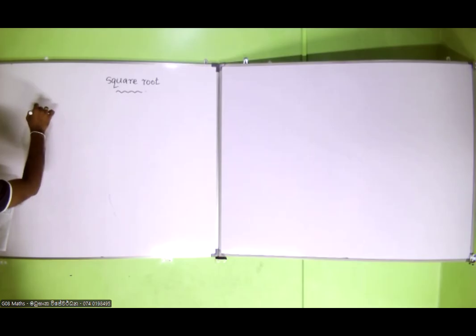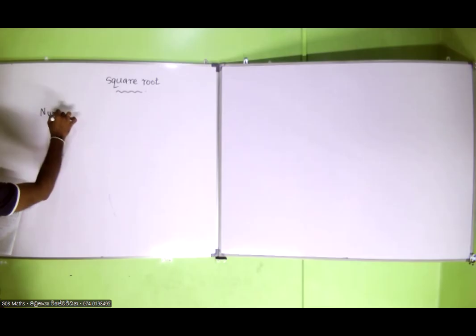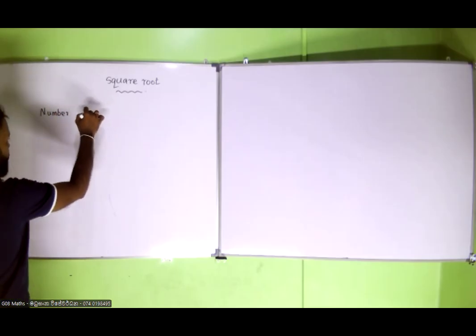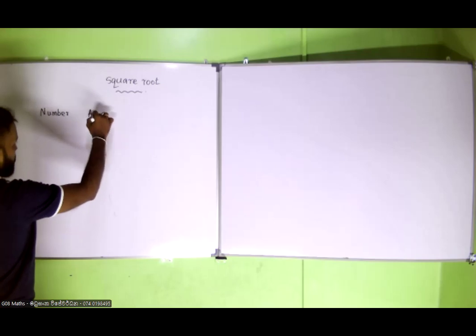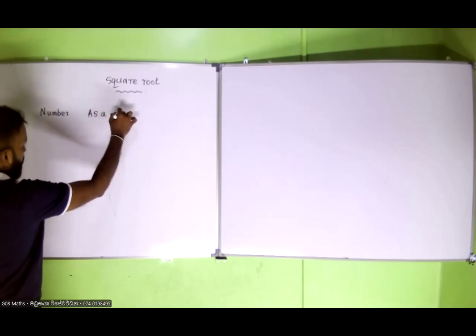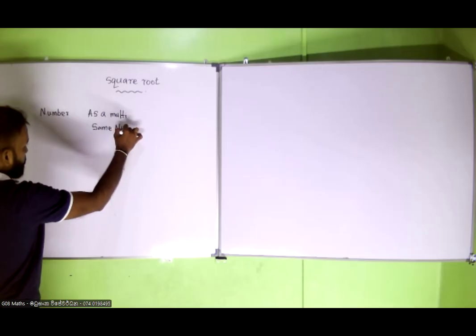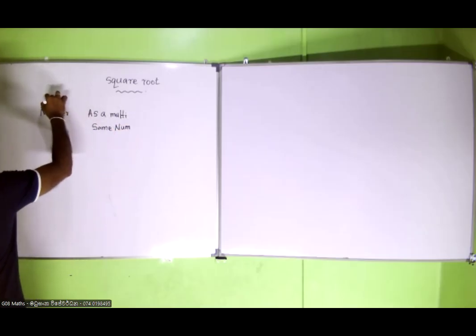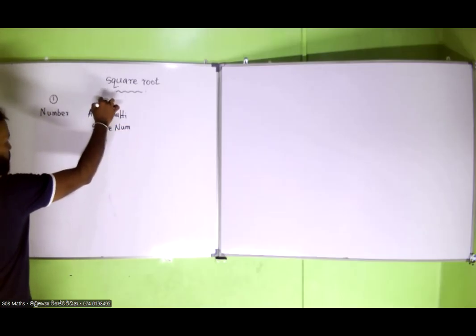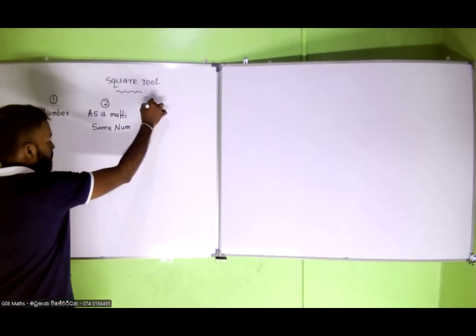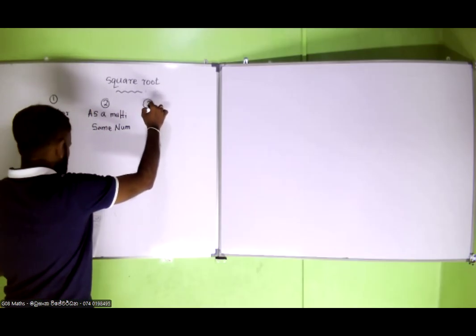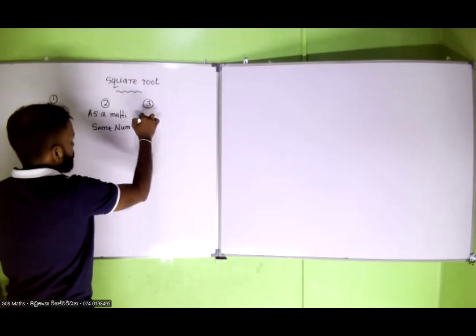So the first column is the number. Then we have the number as a multiple of the same number. This is the second column. And the third column is perfect square in index form.